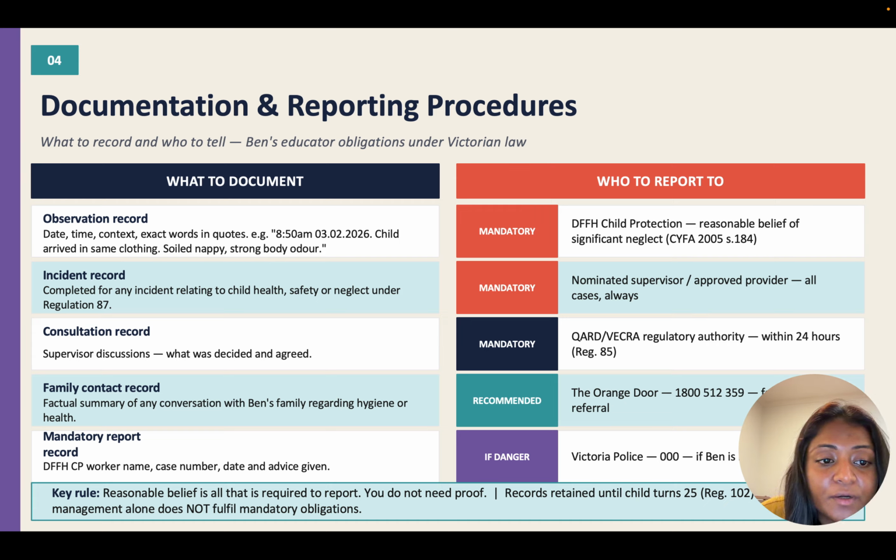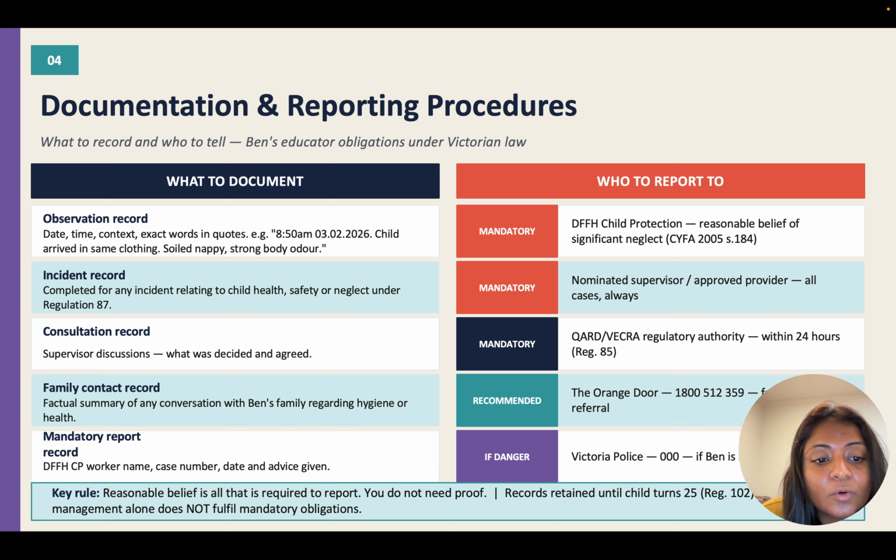On the other hand, we can also keep incident records. It can be completed for any incident relating to the child's health, safety, or neglect under the Regulation 87 of the Victorian law. On the other hand, a consultation record of supervisor discussions and what was decided and agreed upon.